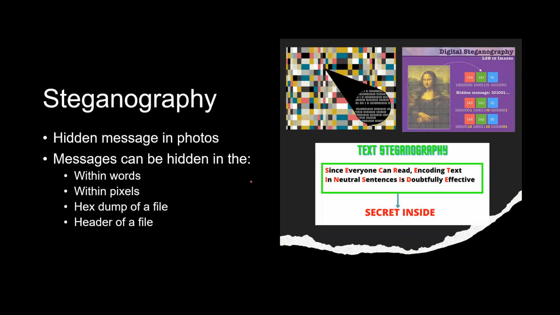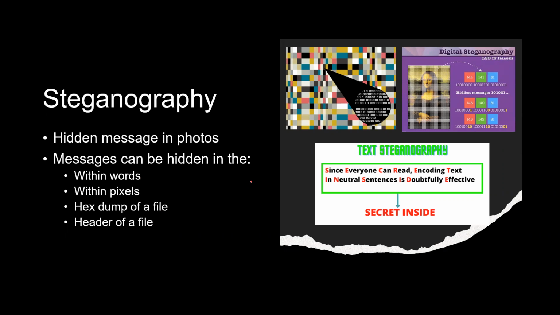Another one that we have, just to briefly go over, is steganography. Not to confuse with stenography, because stenography is actually a way of typing in a court of law for vast transcriptions.